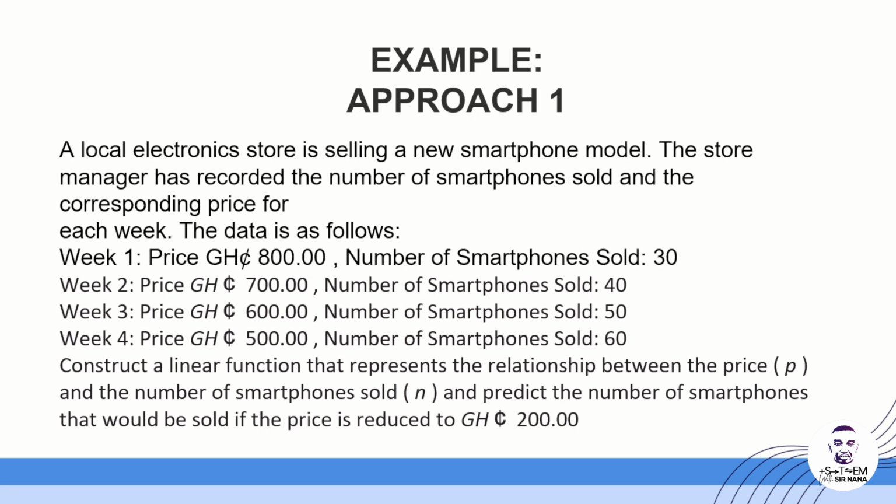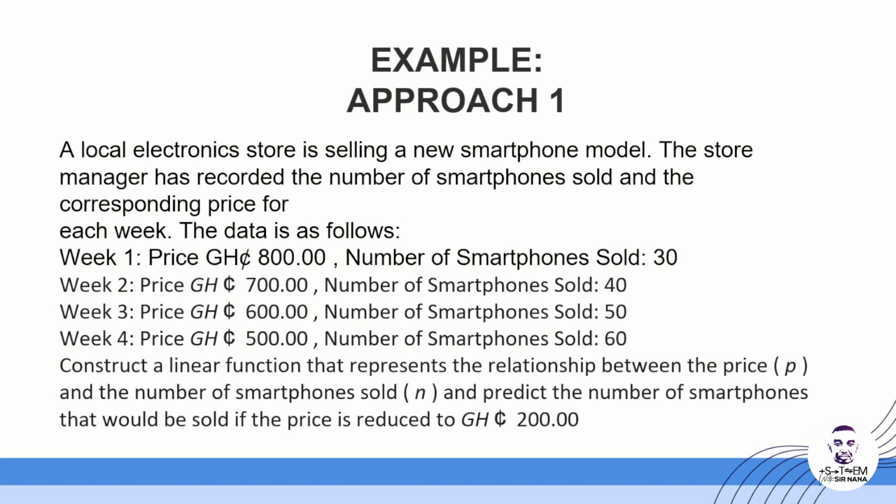In week 1, the price is 800 Ghana cedis and the number of smartphones sold is 30. For week 2, the price is 700 Ghana cedis and the number sold is 40. Week 3, the price is 600 Ghana cedis, the number sold is 50. Week 4, the price is 500 Ghana cedis and the number sold is 60.